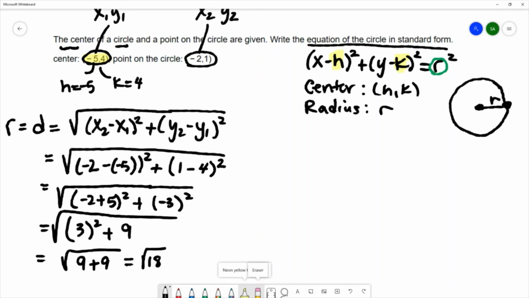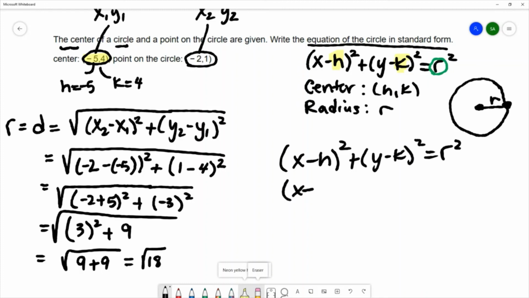I'm going to leave my radius in this format, even though it could simplify a little bit more. I will substitute my radius and the h and the k into the standard form to get (x minus negative 5) squared plus (y minus 4) squared equals square root of 18 squared.